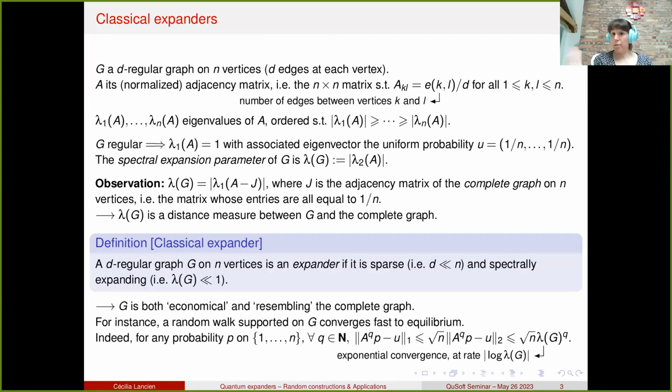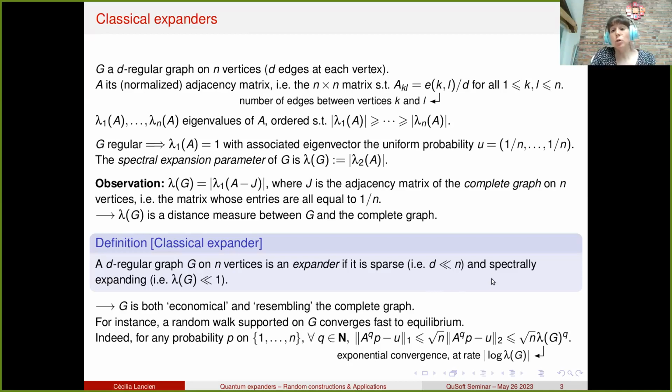Anyway, now that we have defined the spectral expansion parameter, we can define, in a way that is not completely mathematically rigorous but gives you an idea of what the object is, what we'll call a classical expander. If you have a graph G on n vertices which is D-regular, we say that it is an expander if it combines two properties. On the one hand, you want this graph to be sparse, so the degree D is very small compared to the degree n of the complete graph, the maximal possible degree.